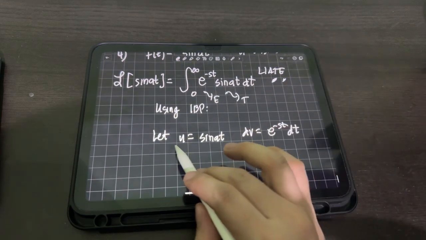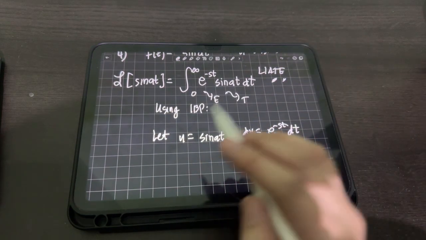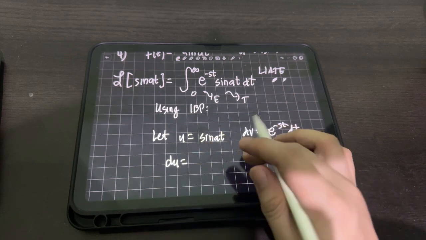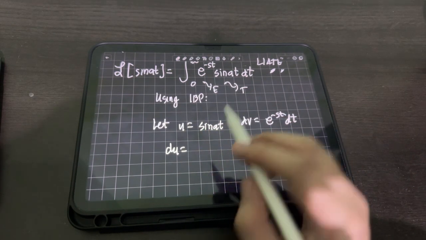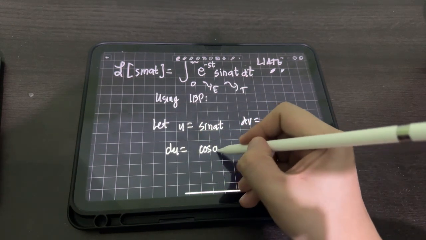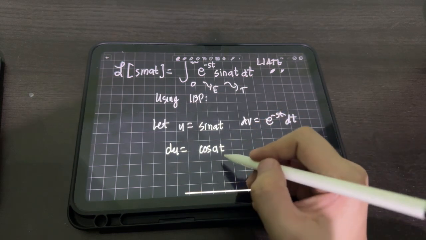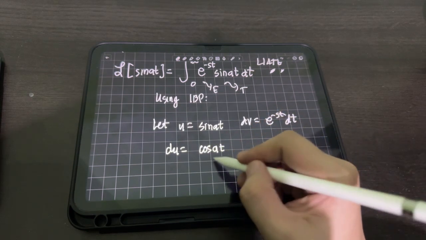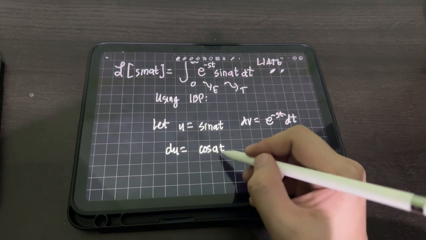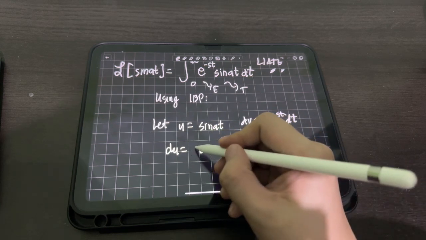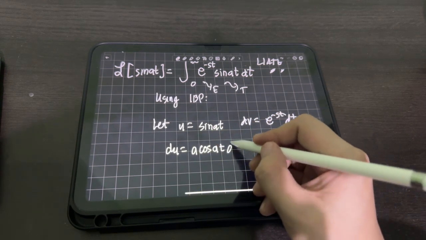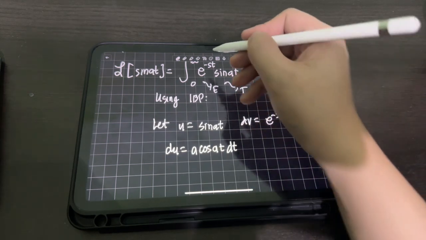Okay. So we differentiate both sides. Derivative of u is du, derivative of sine at. That's positive cosine at, but by chain rule, we need to multiply by the derivative of at, which is a. So let's put a in front of cosine, then put dt.